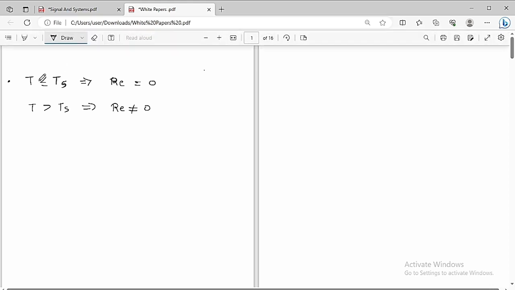So finally, I can say that if you sample at less than or equal to the sampling time period, the reconstructed signal is always the original signal, and if you sample at higher than the sampling time period, it is no more the original signal. These points you always have to keep in your mind.